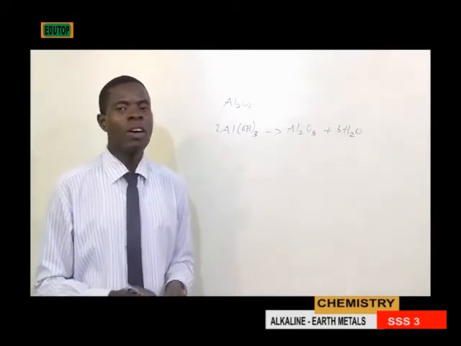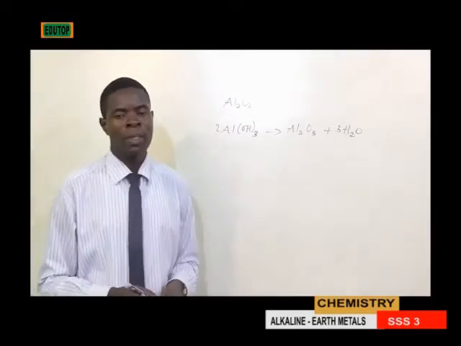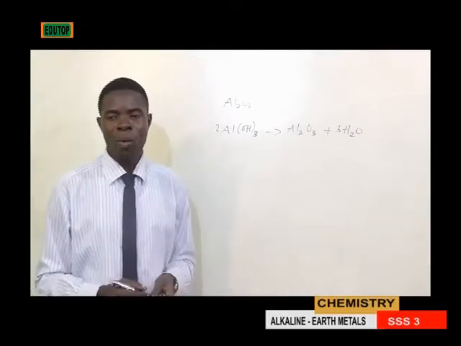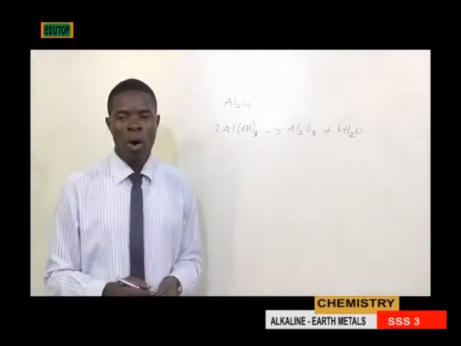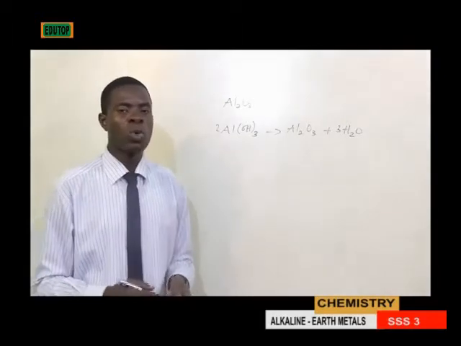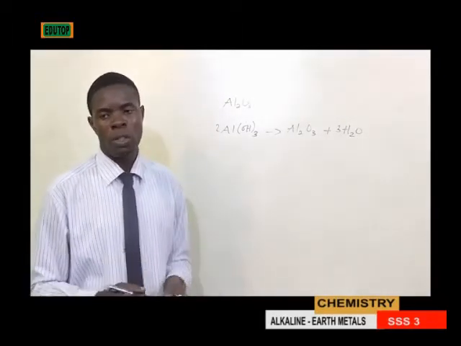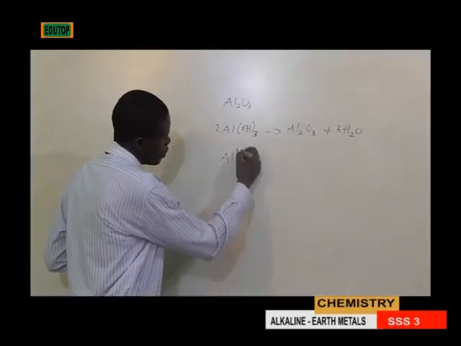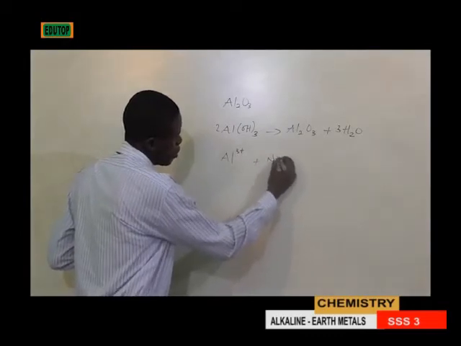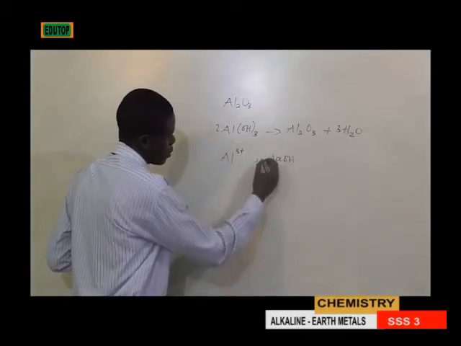Next is aluminium hydroxide. It is precipitated when sodium hydroxide is added to an aqueous solution of aluminium salts. This is aluminium with sodium hydroxide.